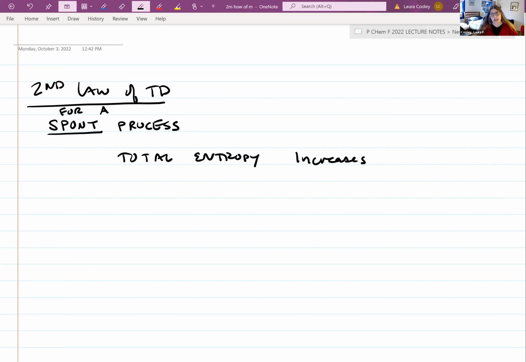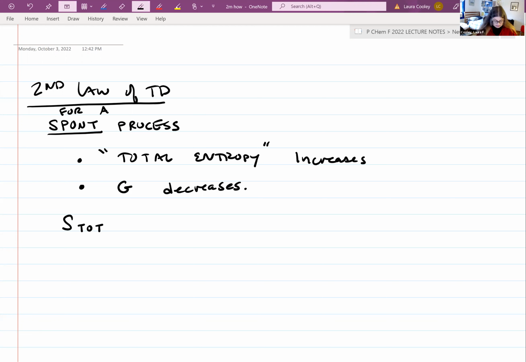And yes, you can think about entropy as disorder, but total entropy means something specific, which I'm going to go over with you in a minute. So total entropy increases, but chemists often think about this in terms of the Gibbs free energy G. Gibbs free energy decreases. Okay, so S is the symbol we use for entropy.